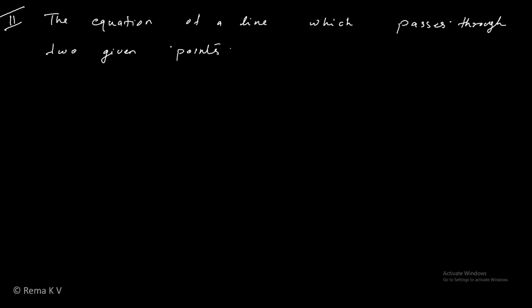Here also you have to write the vector equation and also the Cartesian equation. In the first case, we have to write the equation of a line which passes through a given point and a vector which is parallel to the line is given to us. Here, two points through which the line passes are given.